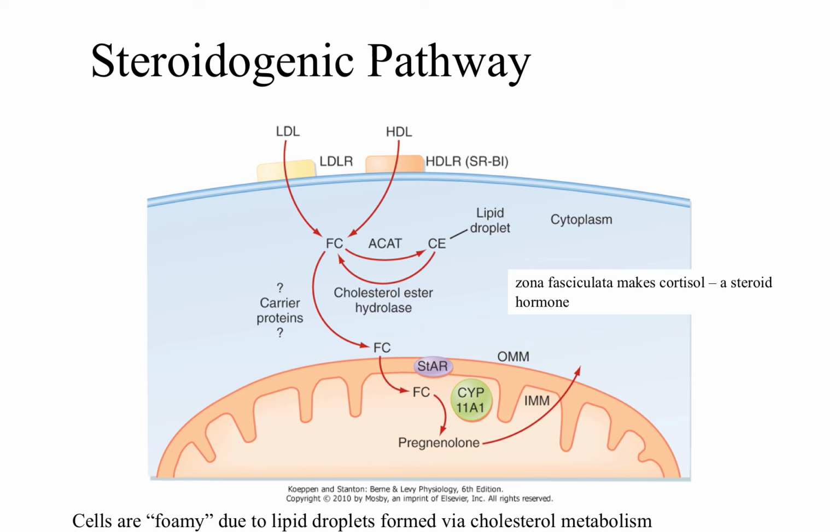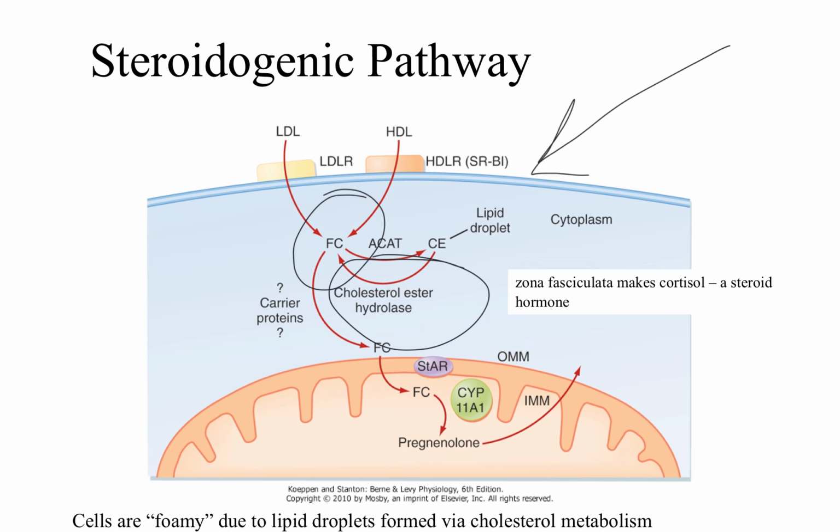Cells that make steroid hormones make them via alterations to cholesterol. Cholesterol has to come into cells somehow, and it does so through these receptors, LDL receptors, HDL receptors. Cholesterol can enter in these pathways and enter as free cholesterol. And free cholesterol, when it comes into a cell, will be modified through an esterification process.